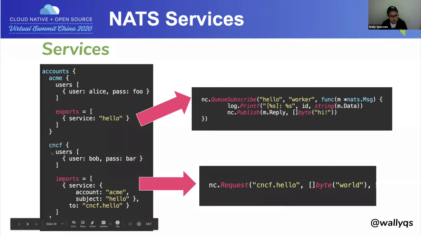And then the CNCF account can enable data sharing between those accounts by mounting the hello API from the ACME account into the CNCF account. And so now under the CNCF account, you make a request on cncf.hello, and we receive a reply back from this producer or service on the ACME account.